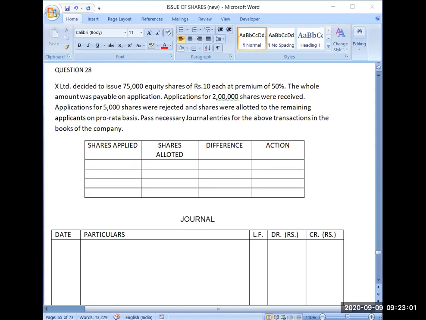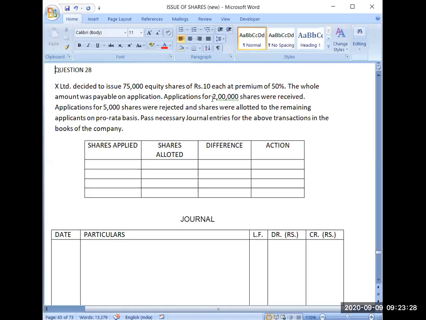Applications for 2 lakh shares were received. So now you can judge that you have issued 75,000 shares, but you are receiving applications for 2 lakh shares. So that's why it will be oversubscription. Applications for 5,000 shares were rejected and shares were allotted to the remaining applicants on pro rata basis.